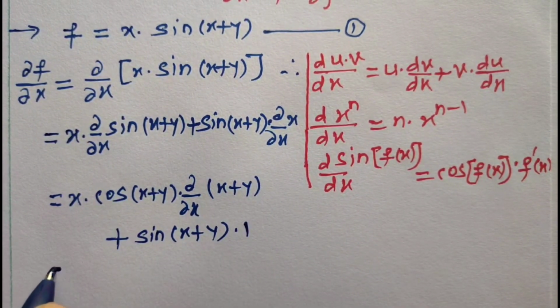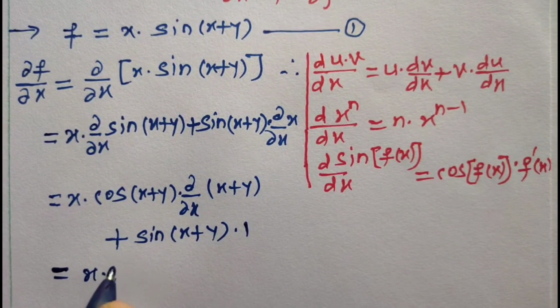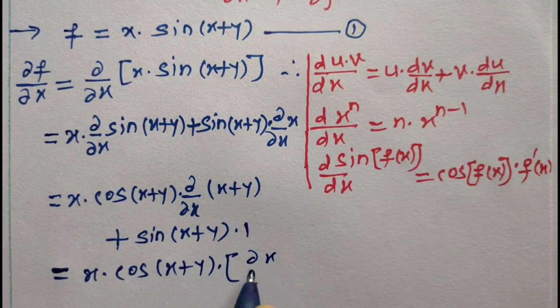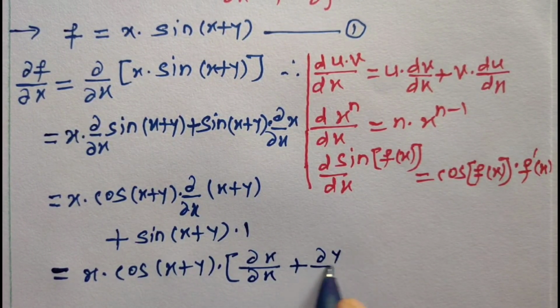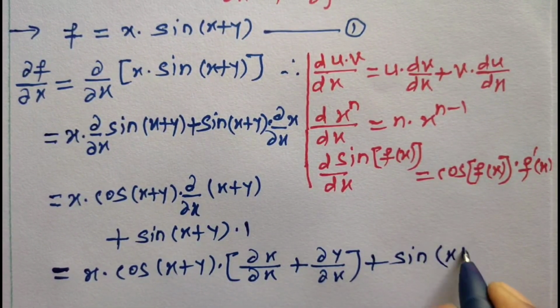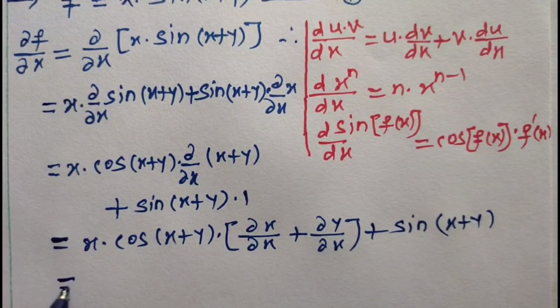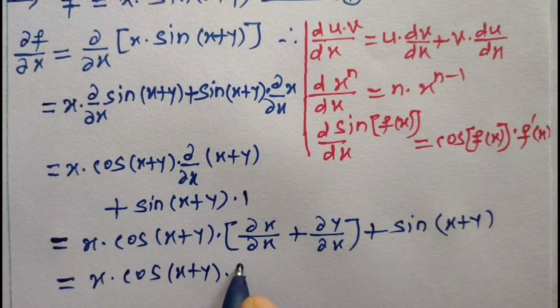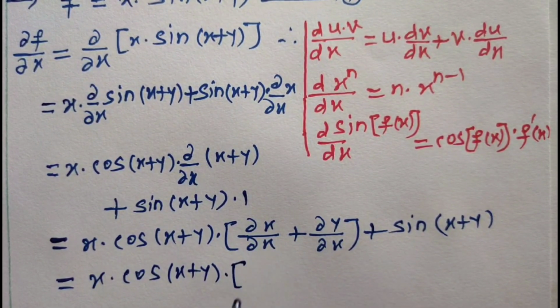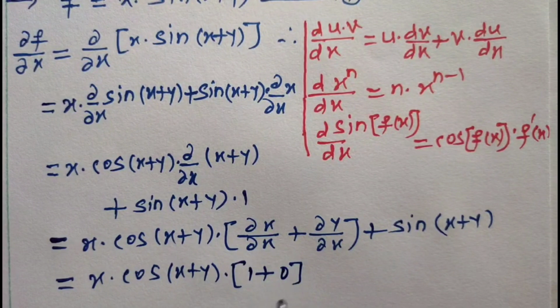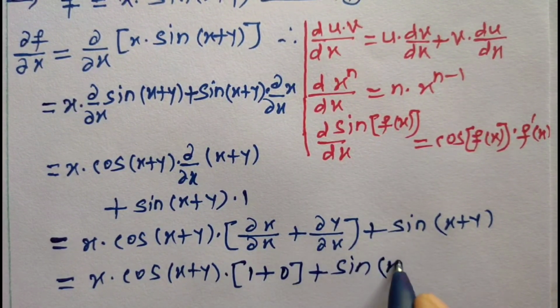So this is equal to x into cos of (x plus y) into the partial derivative of x with respect to x plus the partial derivative of y with respect to x, plus sine of (x plus y). Derivative of x with respect to x is 1, y is a constant term, so the derivative of y with respect to x is 0, plus sine of (x plus y).